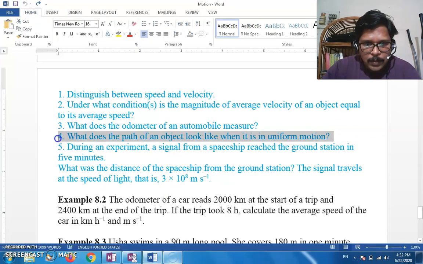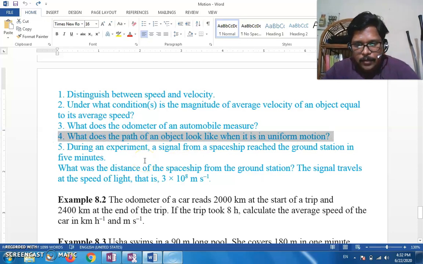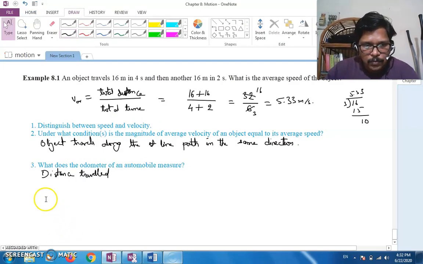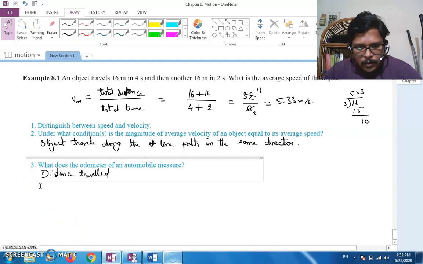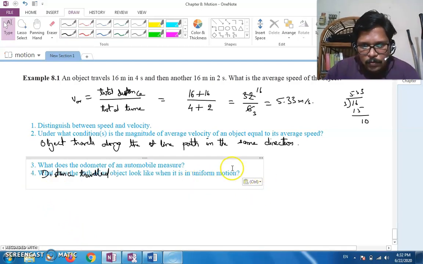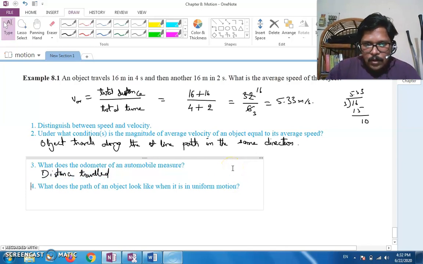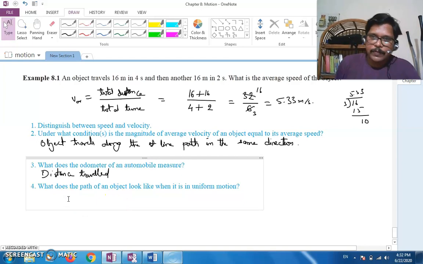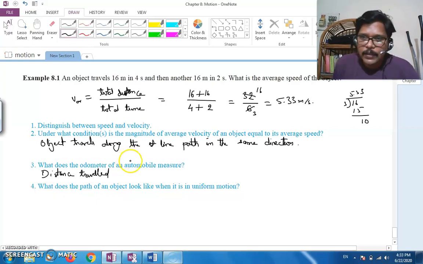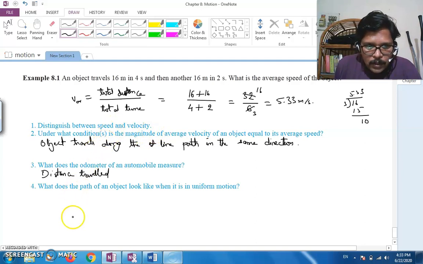What does the path of an object look like when it is in uniform motion? When we say uniform motion, it means equal distances in equal intervals of time. So if an object is moving in such a way, then it should always be in a straight line.